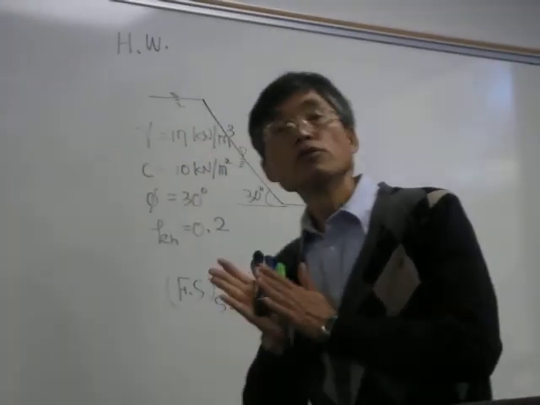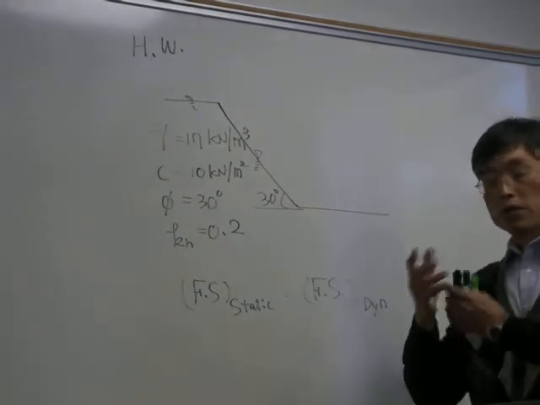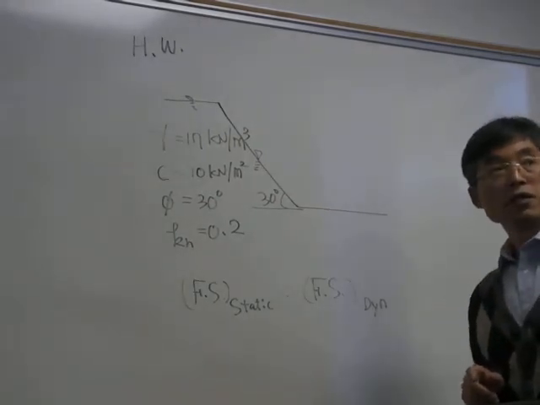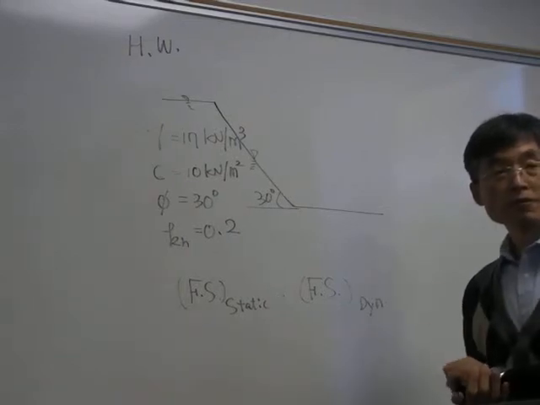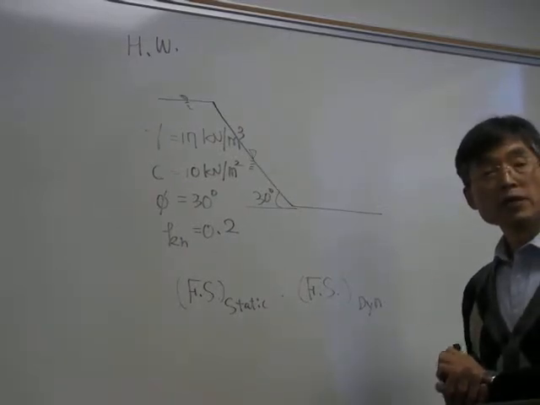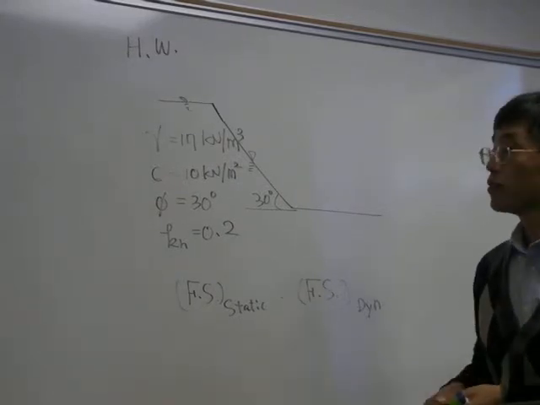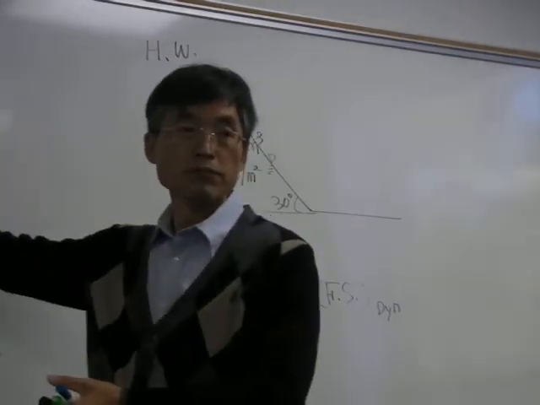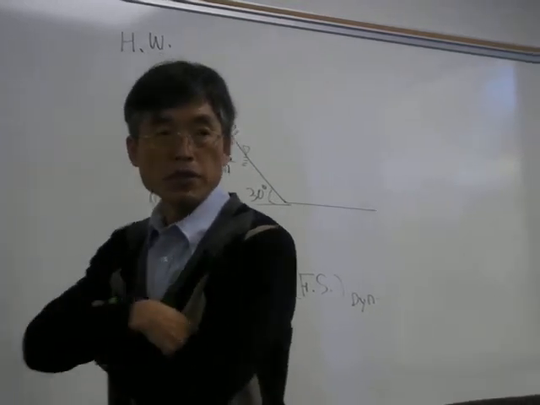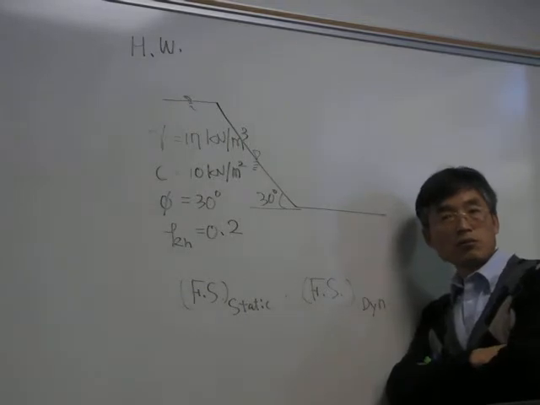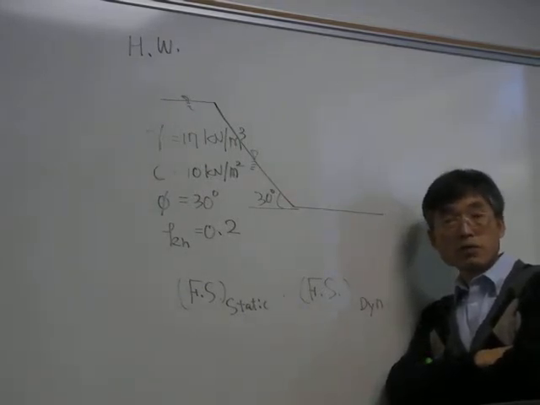You have two options. You can use the hand calculation using one of those formulas, or you may just download some free slope stability software. My recommendation is to try to download some of those free slope stability software.